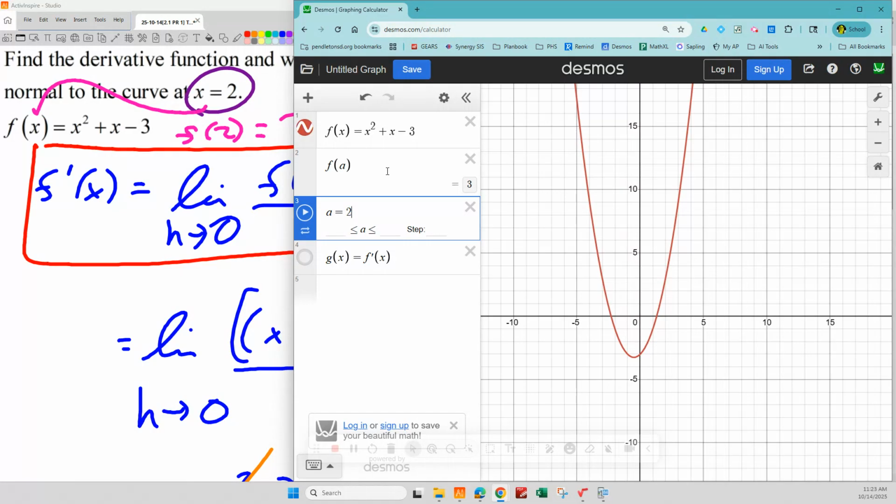Because Desmos is naturally equipped in the xy plane to let x be the input. That's just more convenient for some really subtle reasons I don't want to talk about right now, but eventually I'll point them out to you. Just in general, that's helpful to do. When I plug in something like f of a, it's automatically going to ask you, okay, that's a parameter. It's going to ask you, do you want to create a slider?